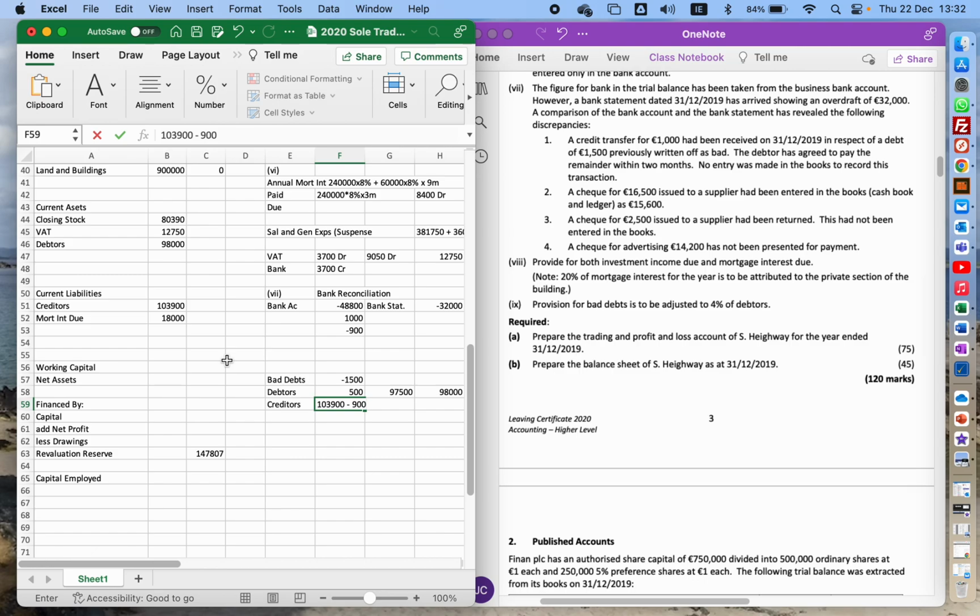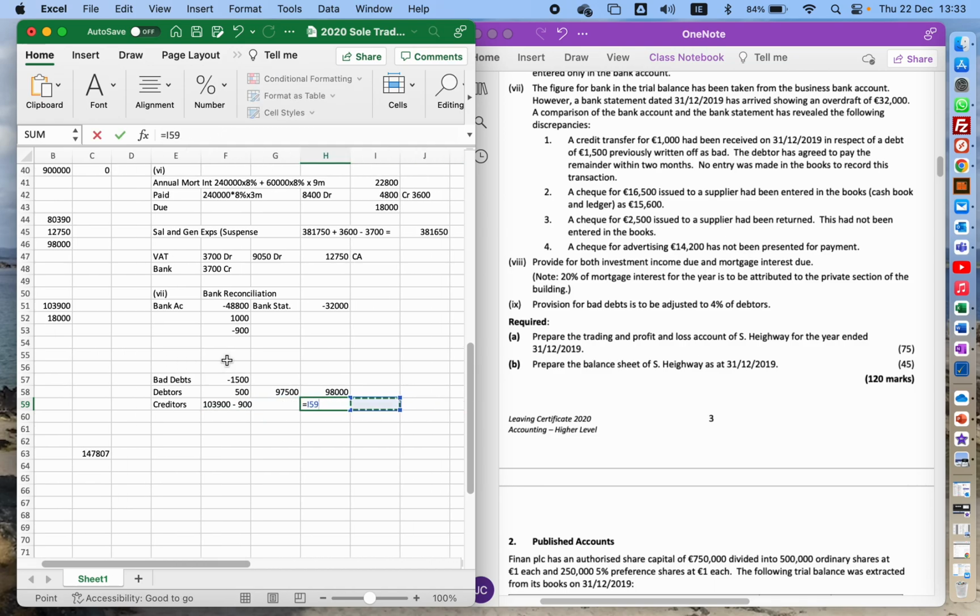I've paid 900 more off my creditors, so I owe them less money. So that's the figure now that I'm going to put in for creditors. So that's that fixed.